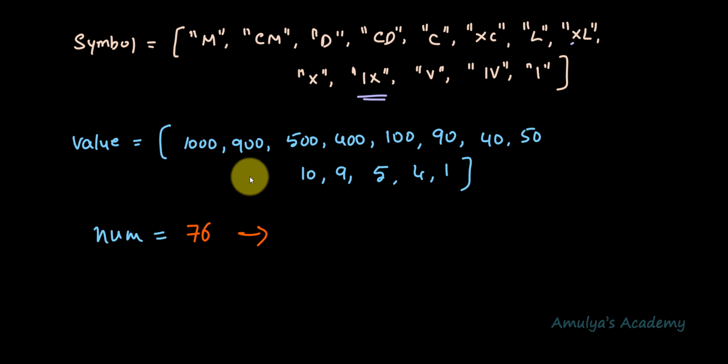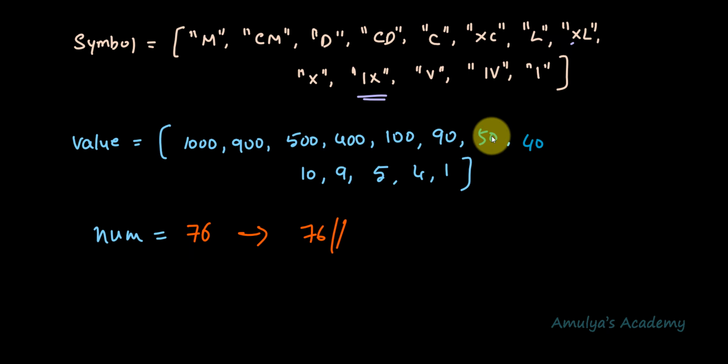I'll get 0, because we'll get 0 point something, we are performing the truncated division, okay? Next I'll perform 76 truncated division 500. I'll get 0 something. I don't want that. 76 divided by 400. No. 76 divided by 100. No. 76 divided by 90. No. Sorry, here you need to write down 50, 40 like that.